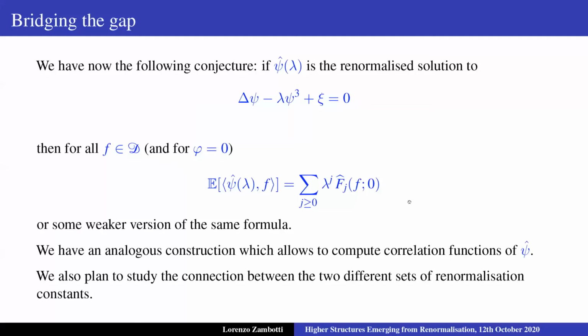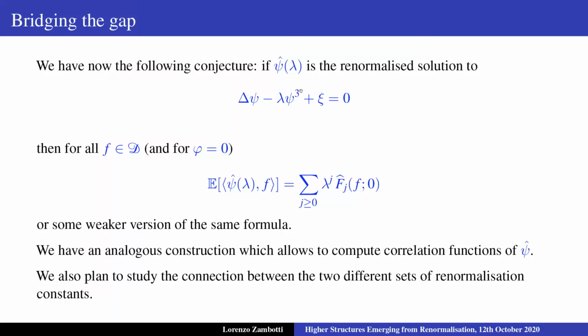Now, what was the original aim? If I go back to the stochastic PDE, but with the parameter lambda included, I would like to try to describe, for instance, the correlation function. This is mentioned below in this slide. I did not write the correlation functions, but one possible formula that we expect is the following.